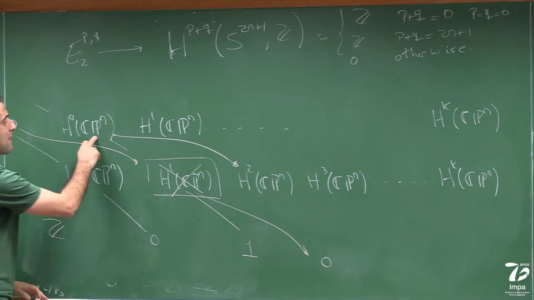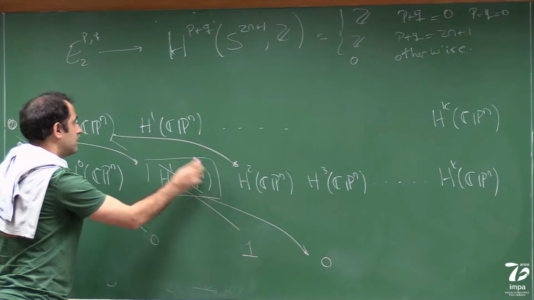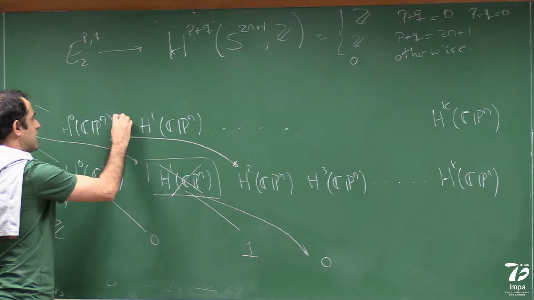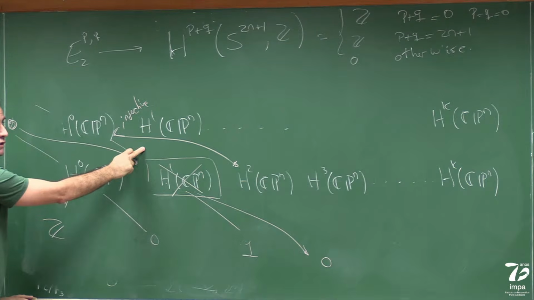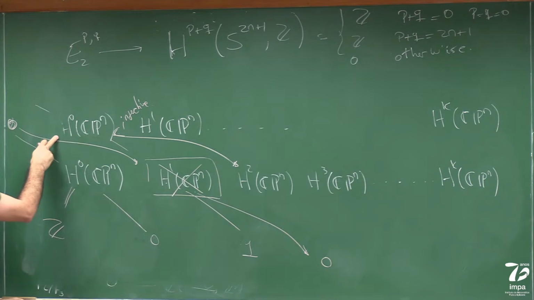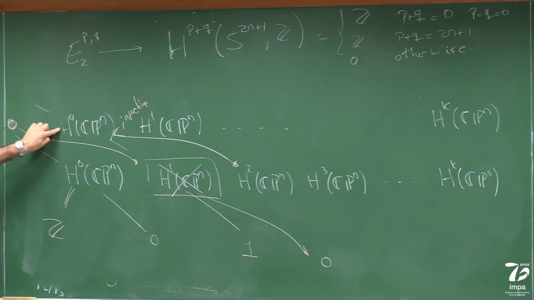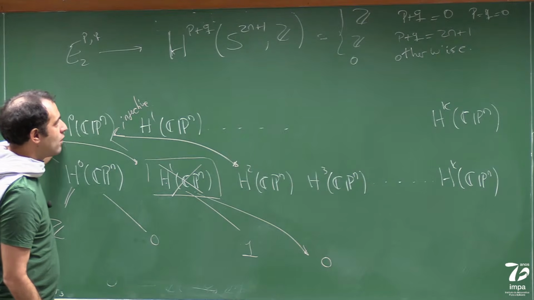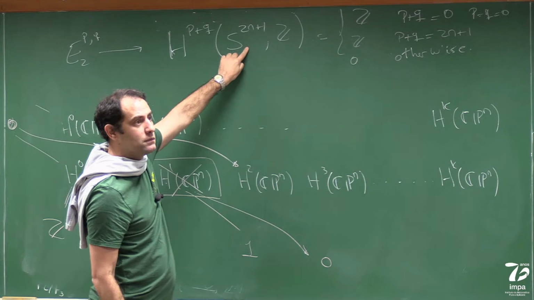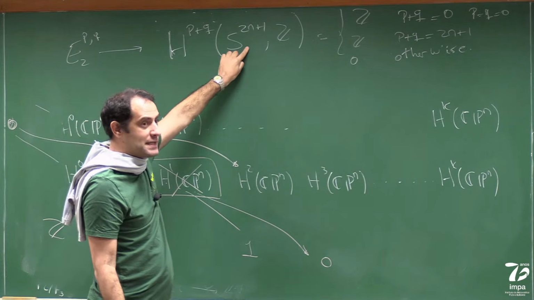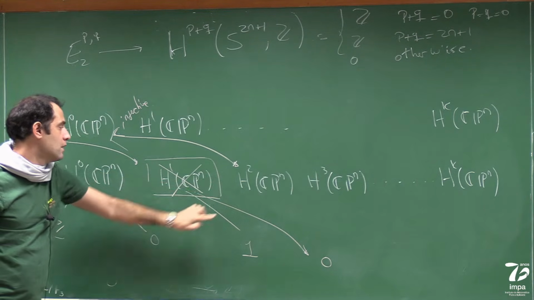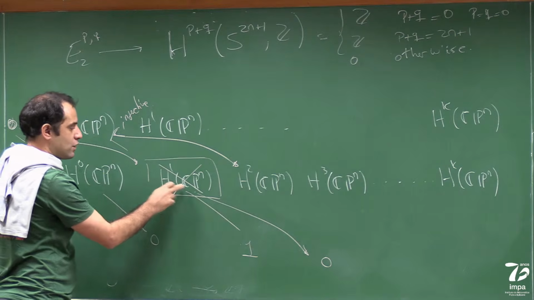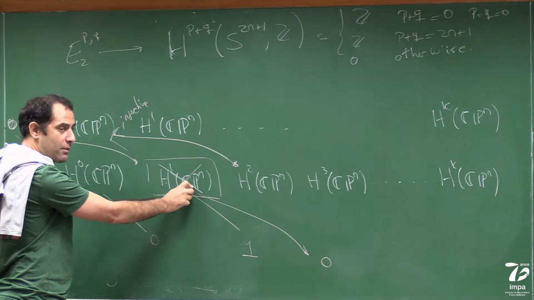So that means that this map has to be injective. Because if I have any kernel, it's going to be a non-trivial H1 for CP^n and a non-trivial H1 for S^(2n+1), which, unless n is equal to 0, doesn't happen. So this map has to be injective. Okay, so I've already killed this guy. This I know it's 0, so I don't need to worry about this.